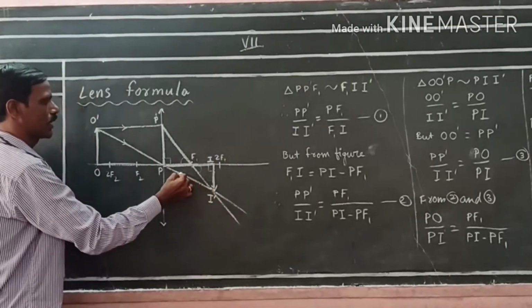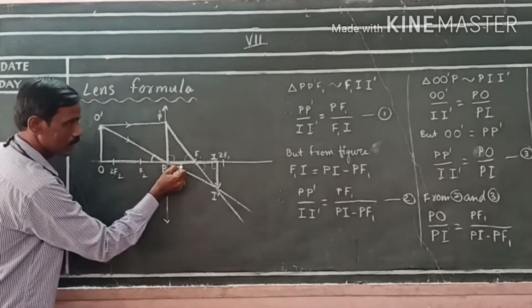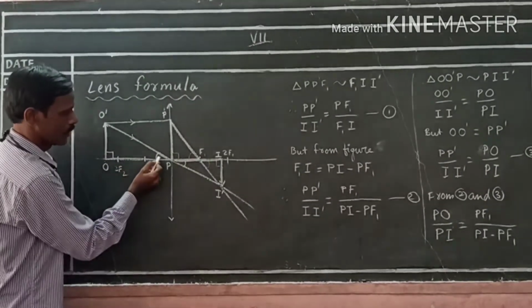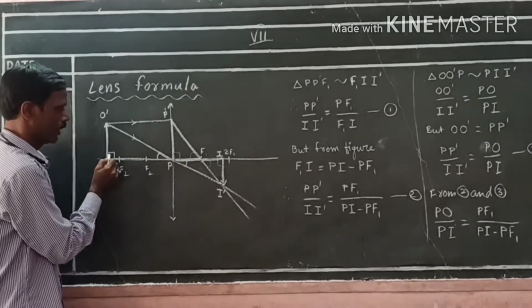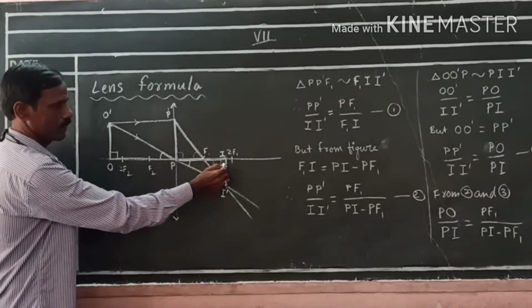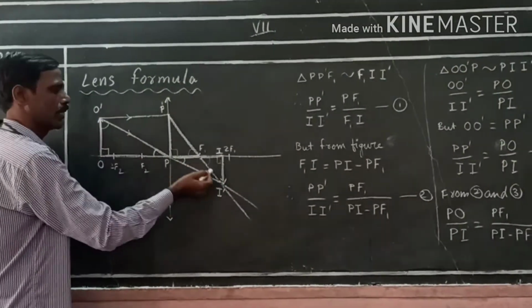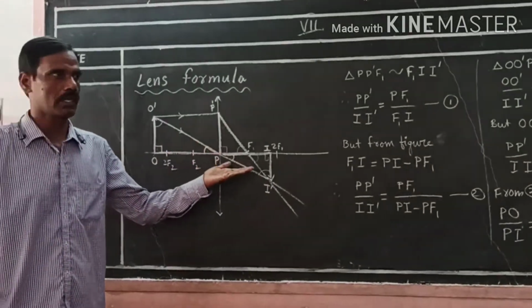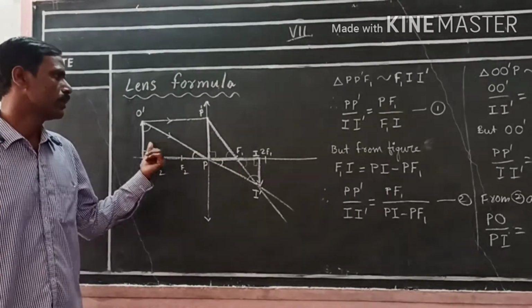Again these two triangles are similar as the corresponding angles are equal. These two are vertically opposite angles and equal, and this is a right angle and this is also a right angle. So automatically the third angles are also equal. As the corresponding angles of both triangles are equal, these two are similar.